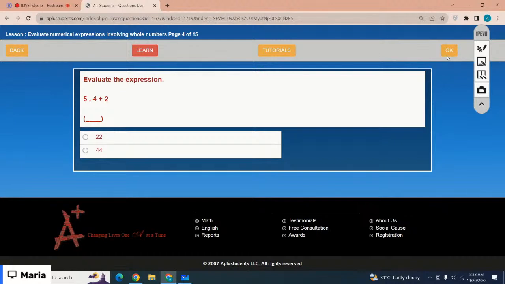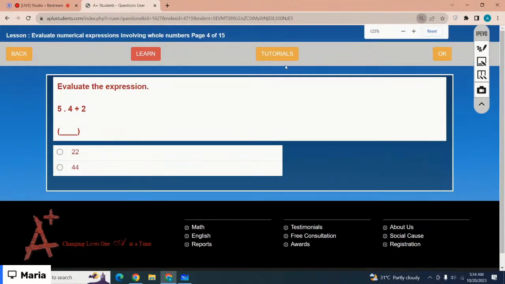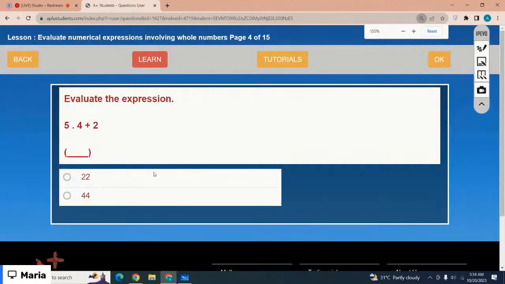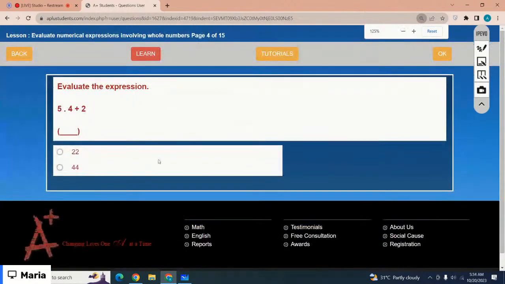So 5 times 4 is 20 and 20 plus 2 is 22. So the correct option is 22.